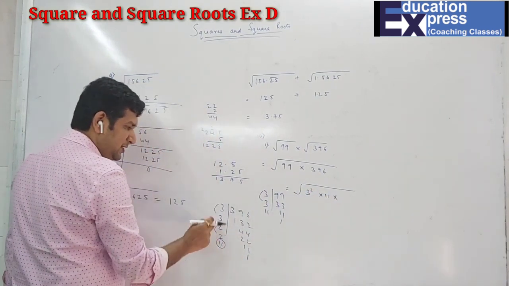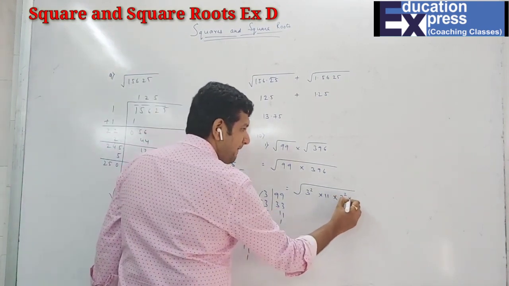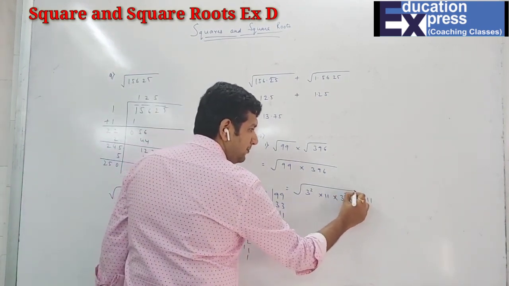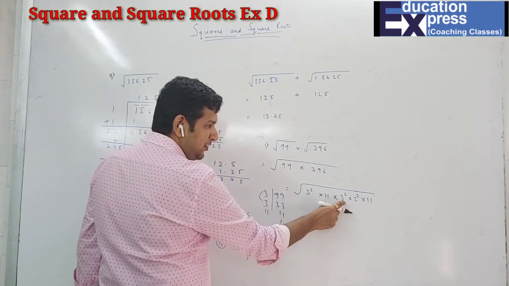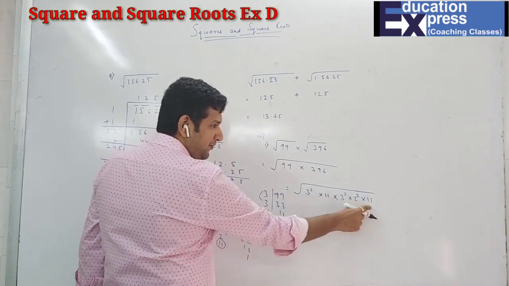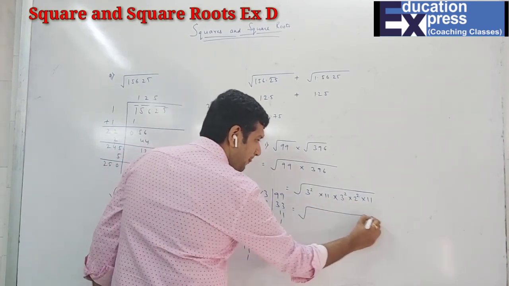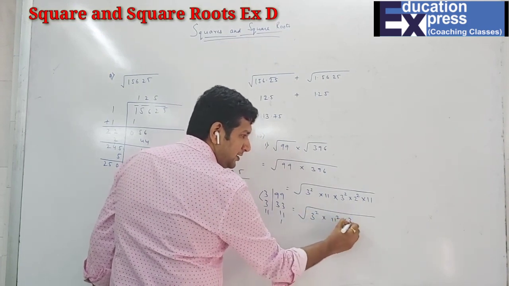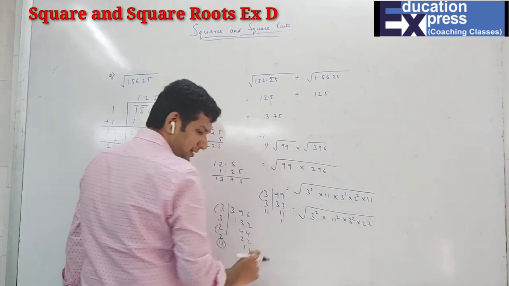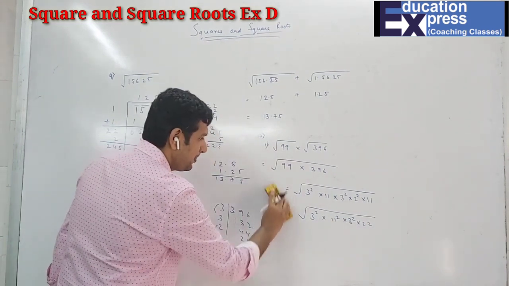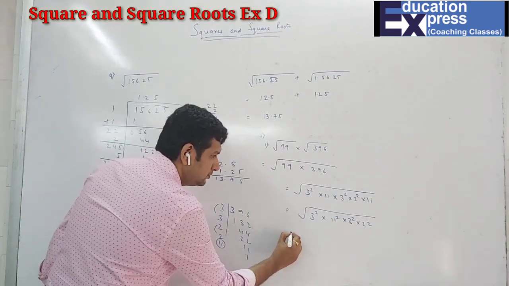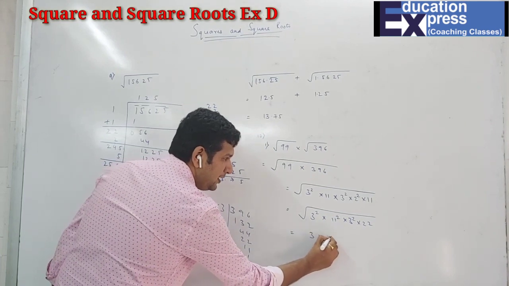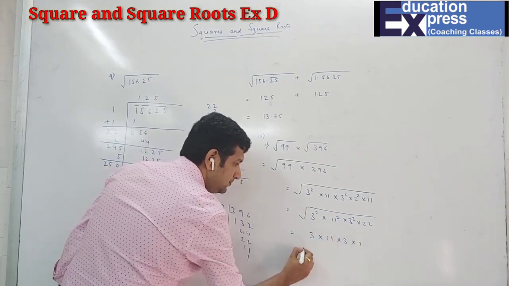And here 3 square, 2 square into 11. So I have a square for this, a square for this, and a square for this. Now 11 into 11 is what, students? 11 into 11 is 11 square, 3 square, and 2 square. That means the answer will be 3, 11, 3, 2.